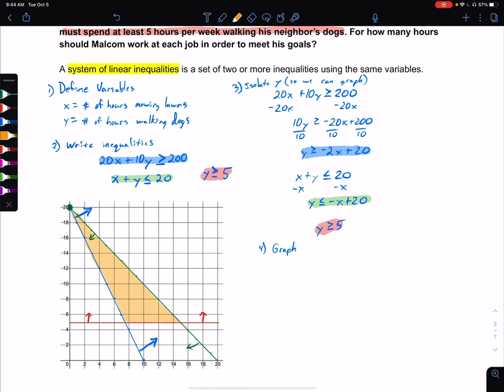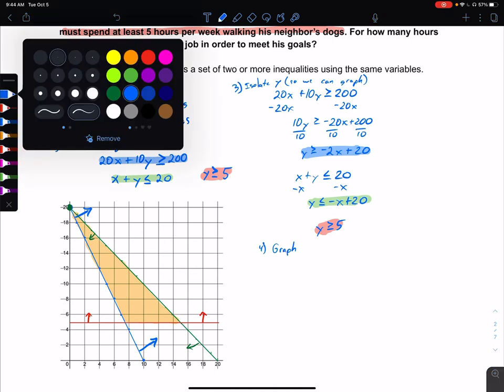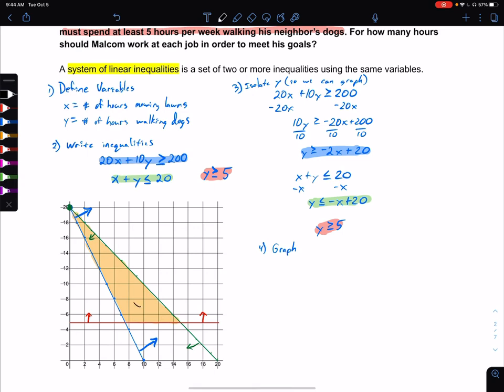All right. And this region is our solution. This is what we were looking for because it satisfies all three inequalities. If I was to pick any point within this region, it doesn't matter which one, it'll satisfy the blue inequality, the green inequality, and the red inequality. So all of them would work.